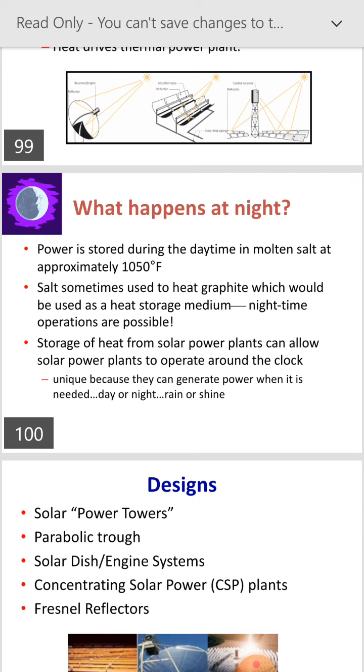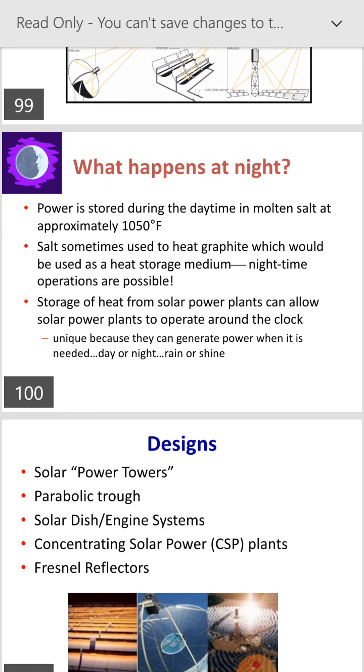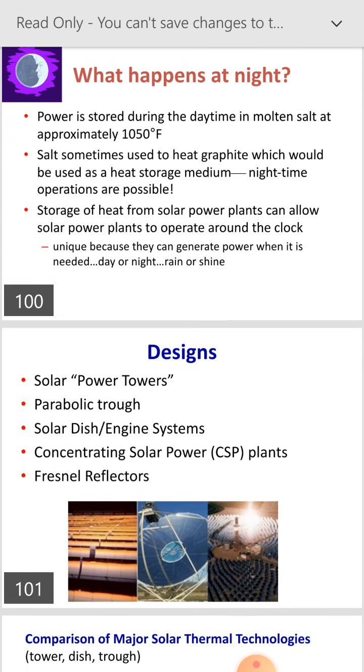Salt is sometimes used to heat graphite, which would be used as a heat storage medium. Nighttime operation is possible. Storage of heat from the solar power plant can allow it to operate around the clock. Unique because they can generate power when it is needed, day or night, rain or shine.